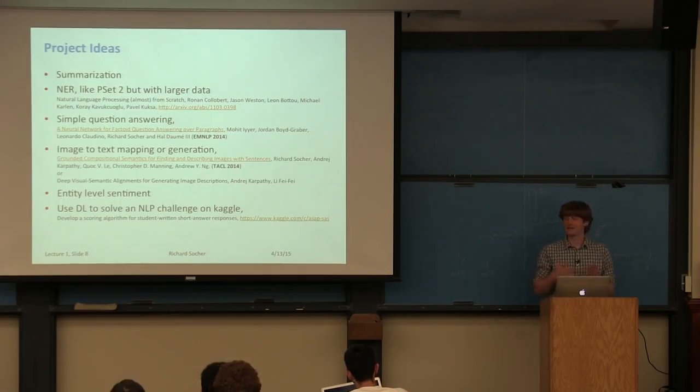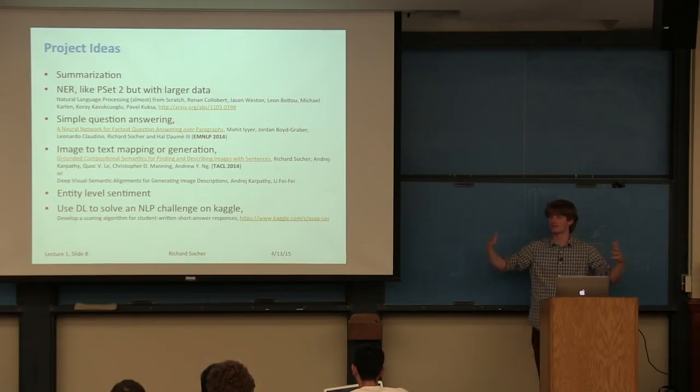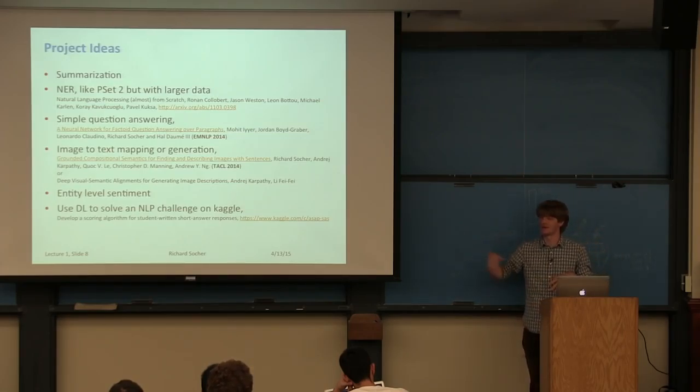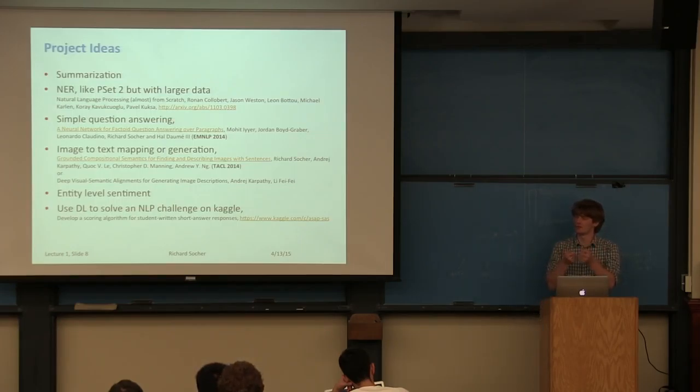You could do entity level sentiment. So instead of just saying this entire document or this entire sentence is positive or negative, you can have sentences like, the iPhone screen was great, but maybe the battery life wasn't. And so now you could say, screen is positive and battery life is negative. So look at more word specific or entity specific sentiment.